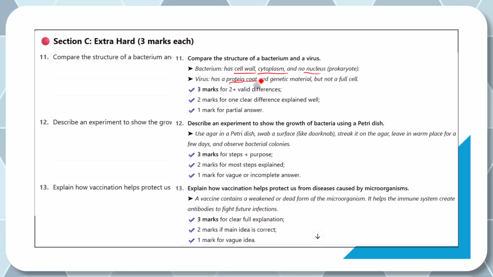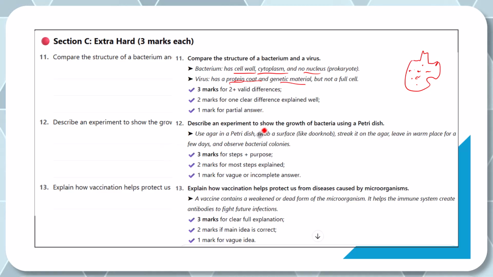So they have what you call a protein coat, and they have some genetic material like DNA, but they're not in a full cell. It's some kind of molecule that is coated in protein and has some genetic material inside, like DNA, genes, and stuff like that, but it's not in a proper cell. All right. So those are the key differences. Bacteria is a complete cell with cell wall and cytoplasm, but doesn't have a nucleus at all. But a virus is not a proper cell. Okay.